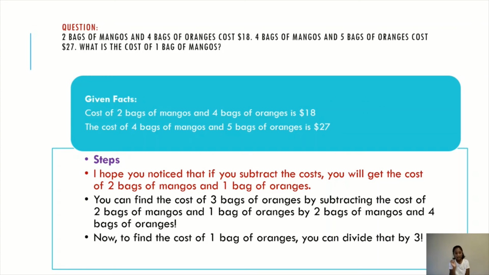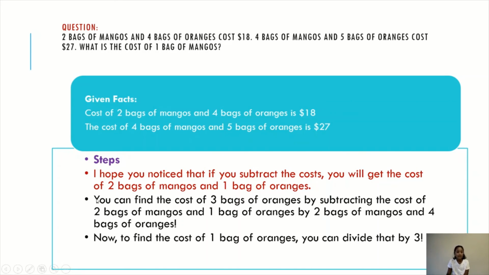So now let's combine the answers. 2 bags of mangoes and 1 bag of oranges. And we can find out that cost if we subtract these costs. 27 minus 18 equals 9. That's right. So that means 2 bags of mangoes and 1 bag of oranges cost $9.